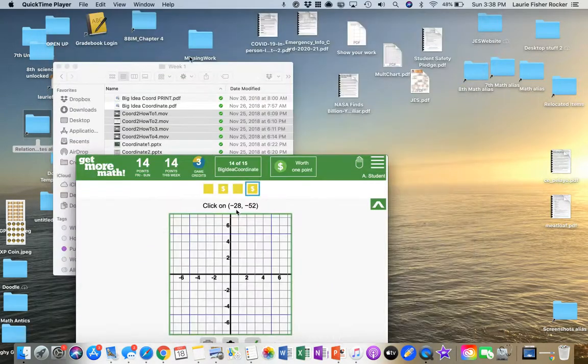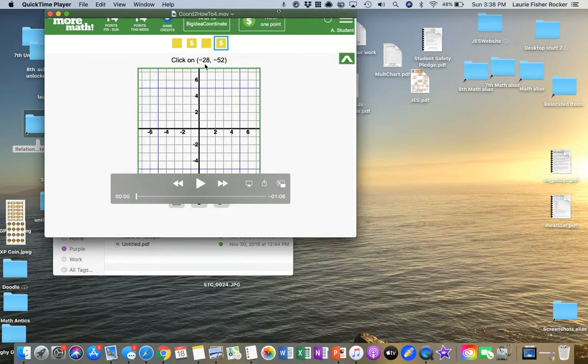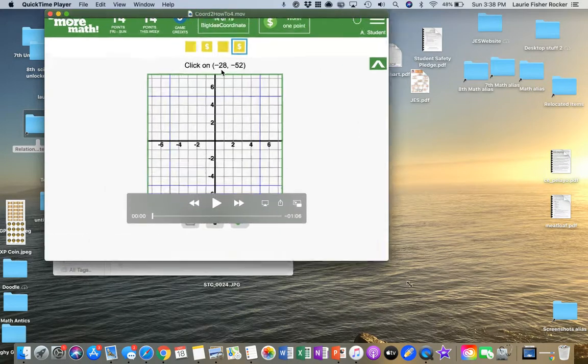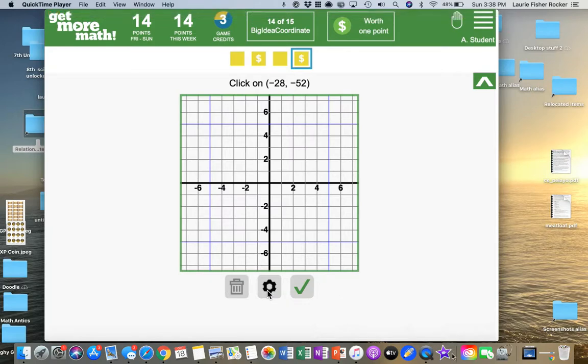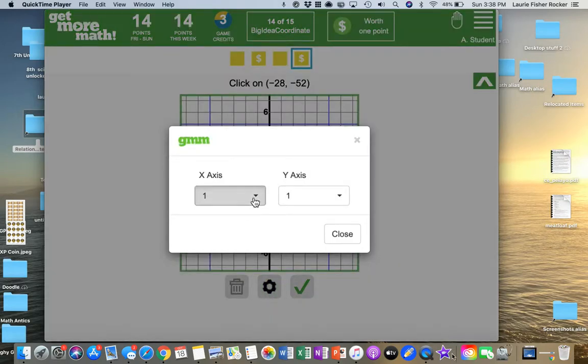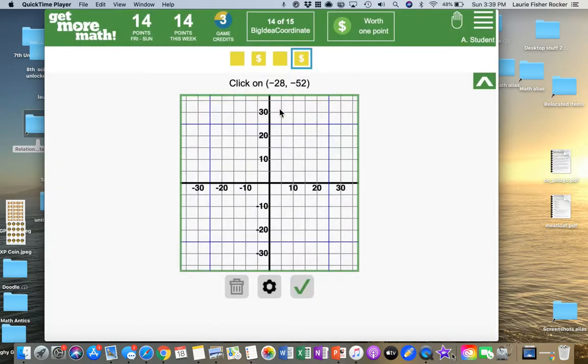All right. So then the last type of problem here is just another example of changing that. But this one, we don't even have the x value on here, so we're going to have to change both. So we're going to change the x value to reflect and probably go 5. We'll try 5, but realize that works for the x value, but it doesn't work for the y value. We can't go to -52. So we're going to have to change that again.